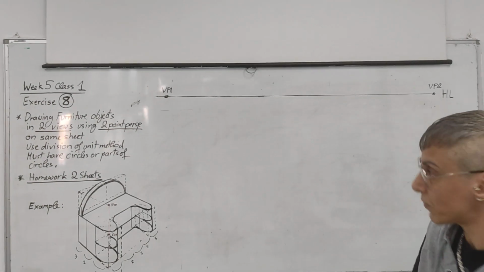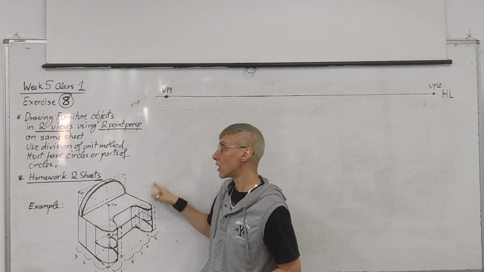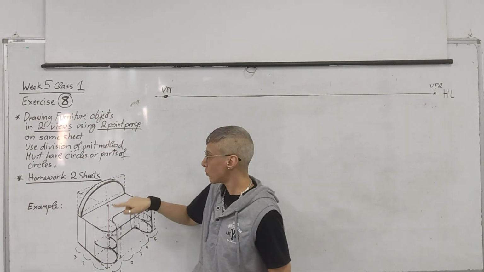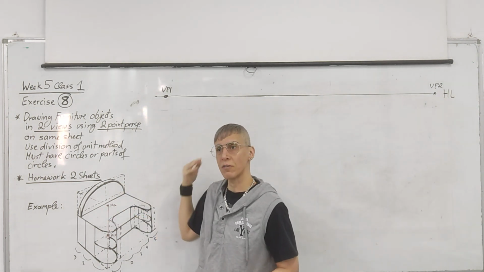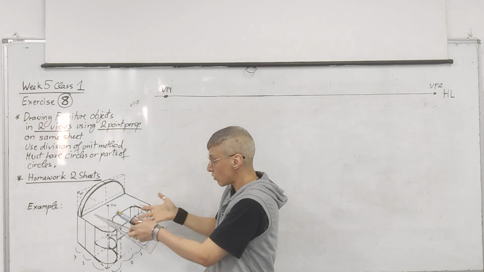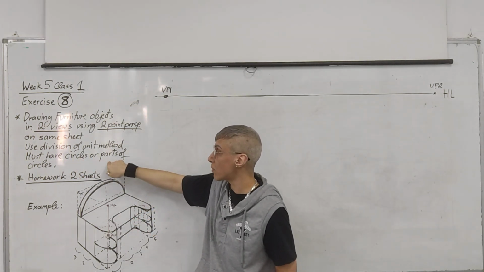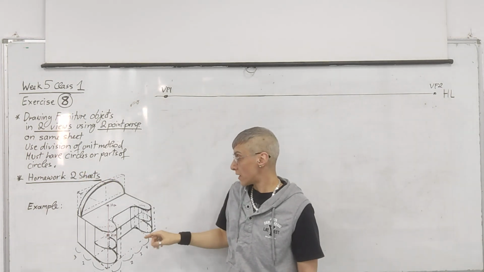So now, also when you do the homework, you have to use the division of unit method. Anywhere where you need to split surfaces, all this stuff that we explained before, you need to apply. In addition, you must have circles or parts of circles in it.